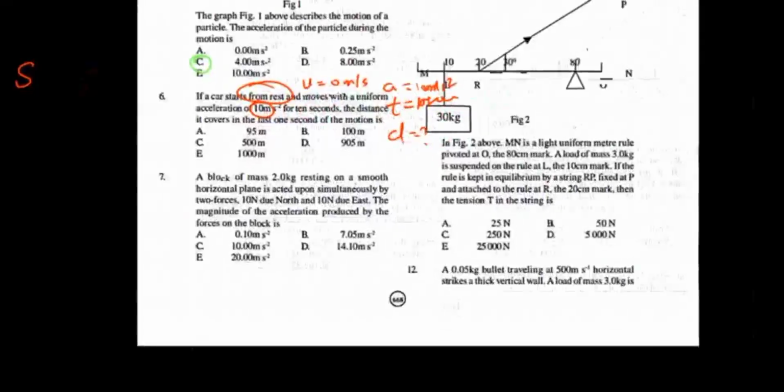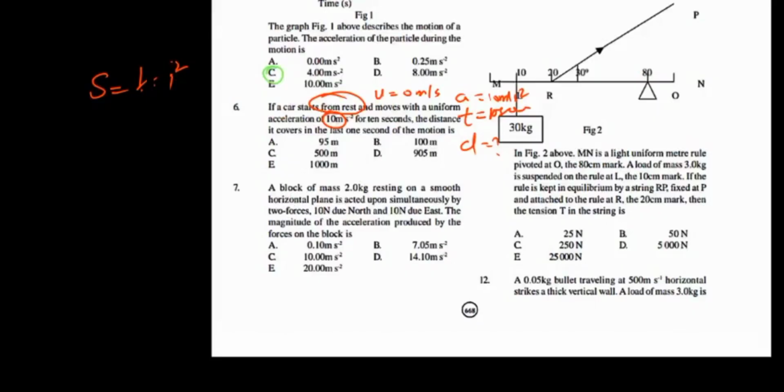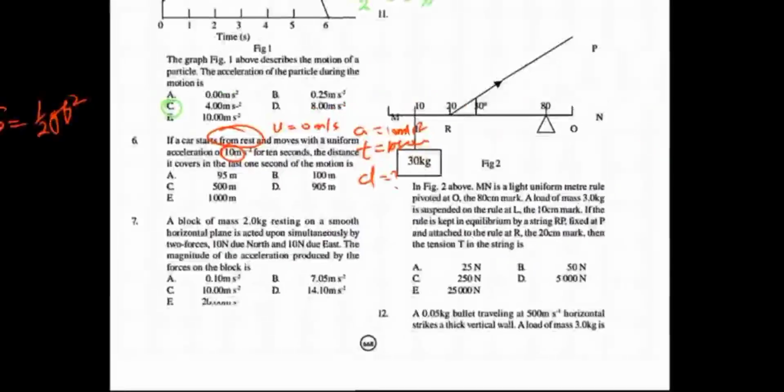This formula is very, very important for our calculations in many cases, and you will be applying it at all times. So half g t squared, g was given as 10, and half of 10 is 5. So 100 times 5 gives us 500 meters.